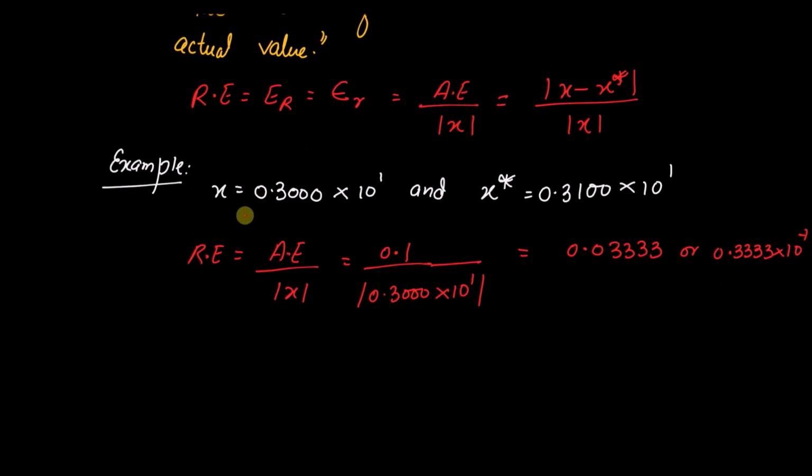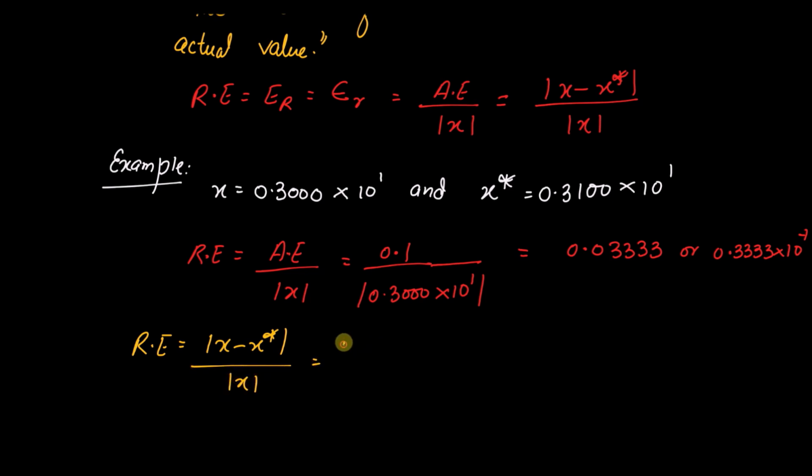The second way is to calculate the numerator first and then divide it by the denominator. So you can also do it like this: the relative error is equal to x minus x star over x.